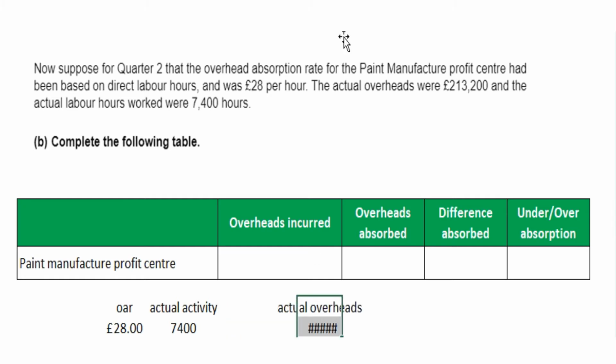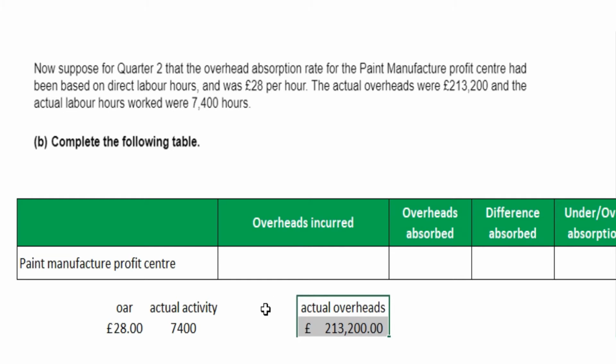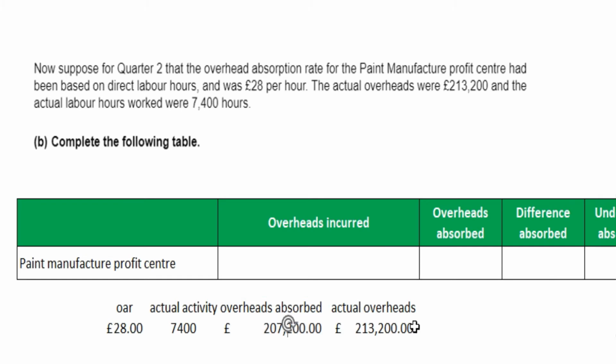Now we need to calculate how much was actually absorbed. To do this we take the overhead absorption rate and multiply it by the actual activity. So we take the £28 and multiply it by 7,400 hours, which comes to £207,200.